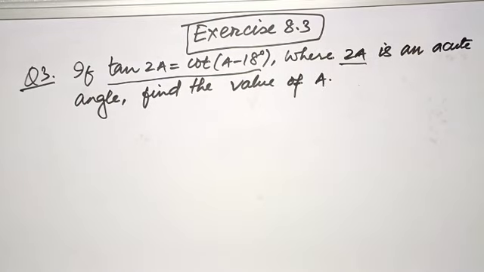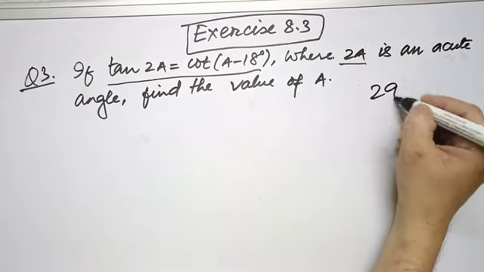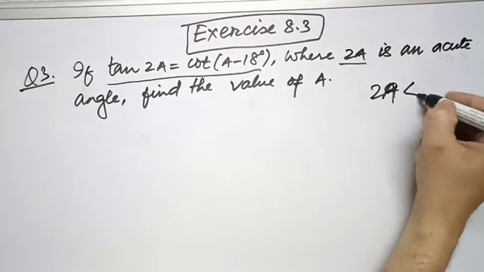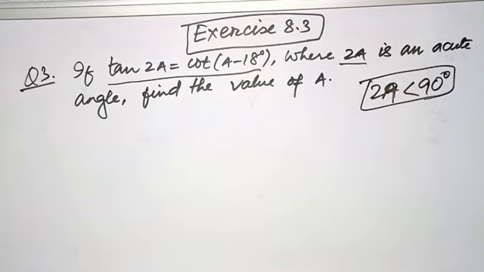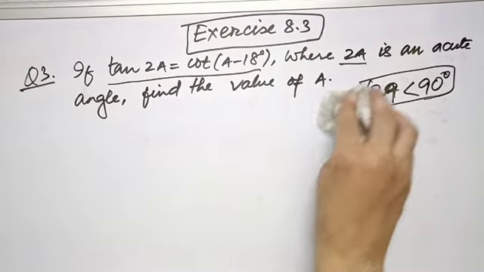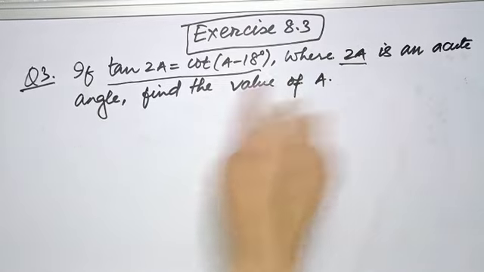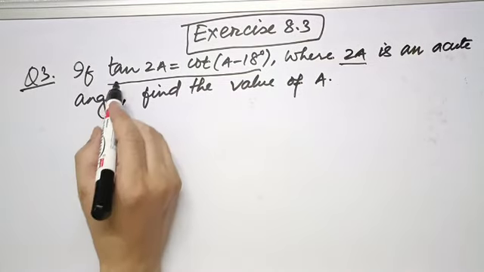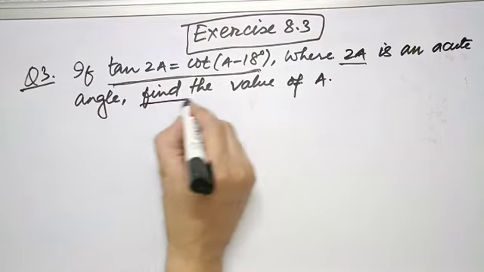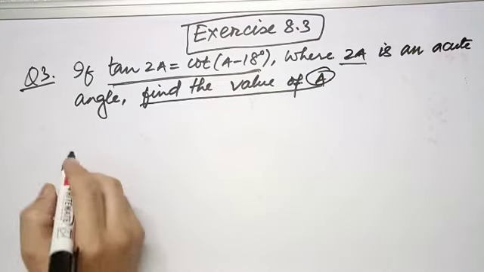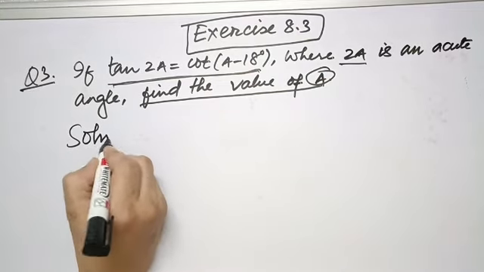2a is an acute angle means 2a has to be lesser than 90 degree. This is what this second portion says, and we are given this value, and we have to find the value of a. So let me solve it.